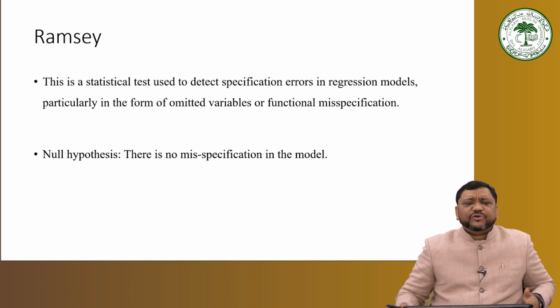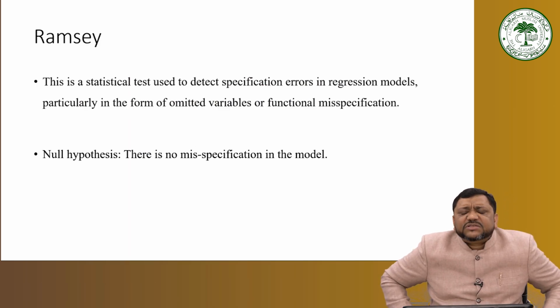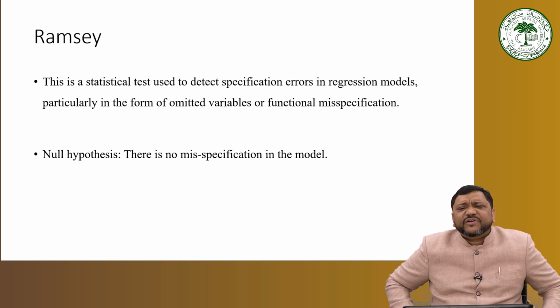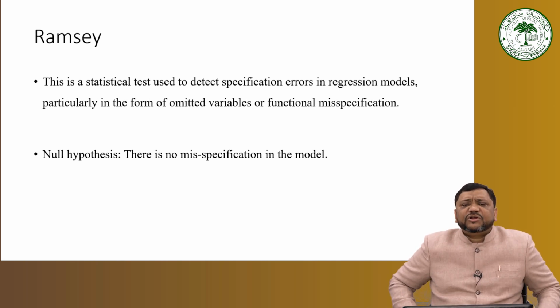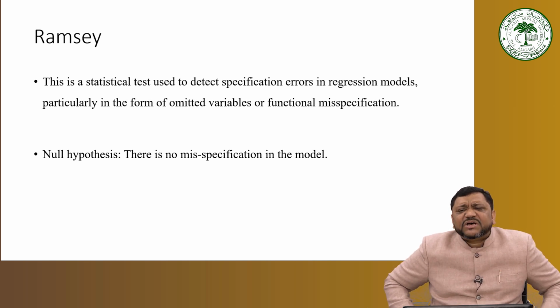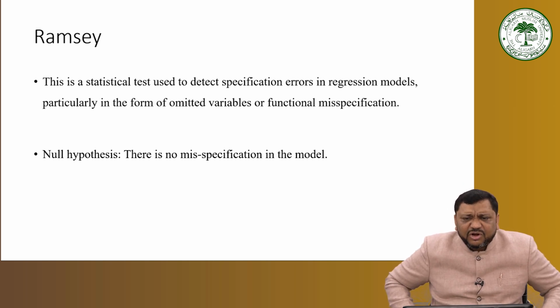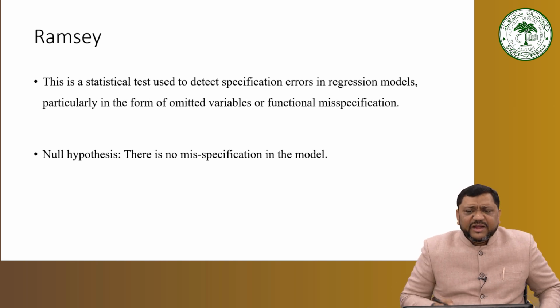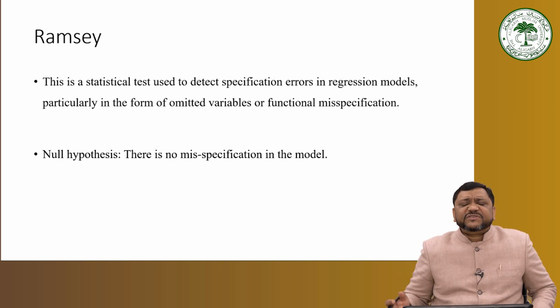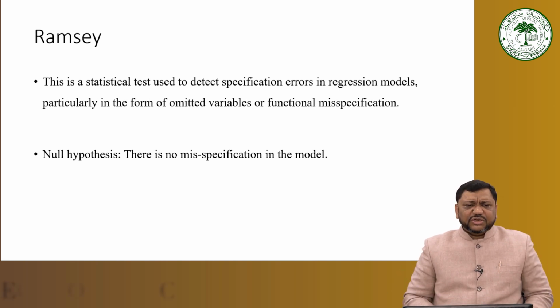Another thing which we do is the Ramsey test. This involves regressing the fitted values of the original regression on additional powers of the independent variable and testing whether these additional terms are statistically significant or not. If they are, it suggests that there may be a specification error in the original model.